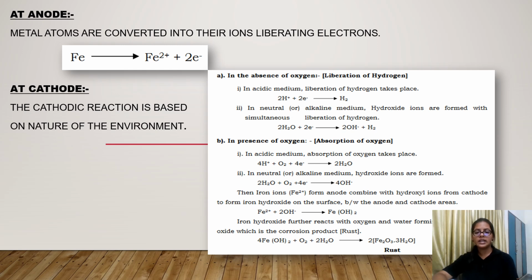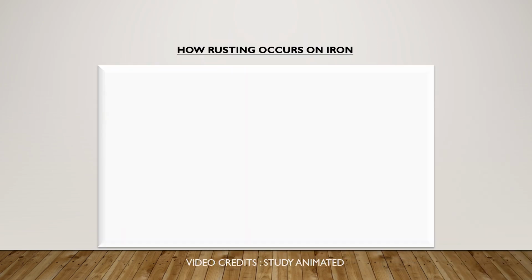Iron hydroxide further reacts with oxygen and water, forming hydrated iron oxide, which is the corrosion product rust, Fe2O3.3H2O, which is known as the rust.